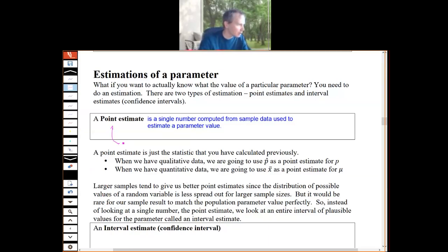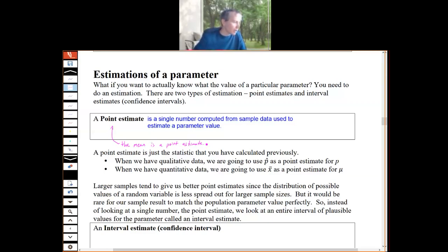So the mean is a point estimate. If I'm looking at a sample and I compute the average, that gives me one piece of data. What makes it an estimate is that I'm using that information from the sample to estimate the population.